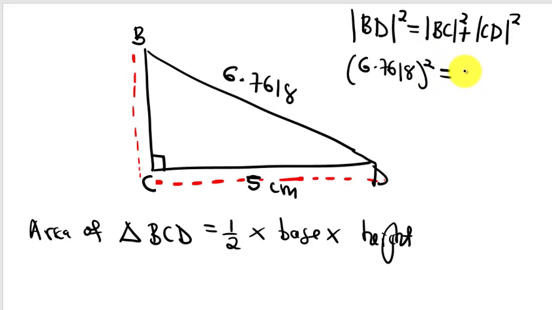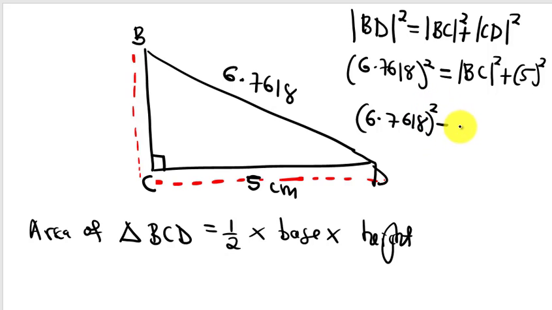So all squared is equal to BC squared plus CD squared, and CD was 5, so 5 squared. We will have 6.7618 all squared minus 5 all squared, and this will be equal to BC squared.